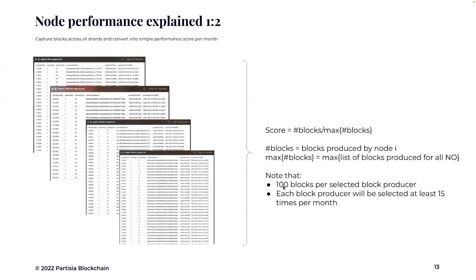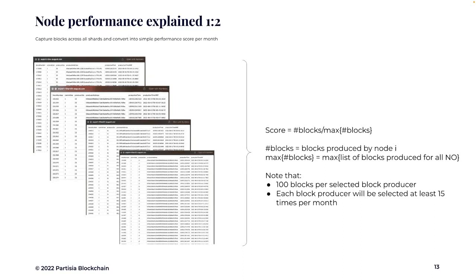Since everyone becomes a node operator, they will produce approximately 100 blocks every time they are selected. They will become a block producer at least 15 times during a month.